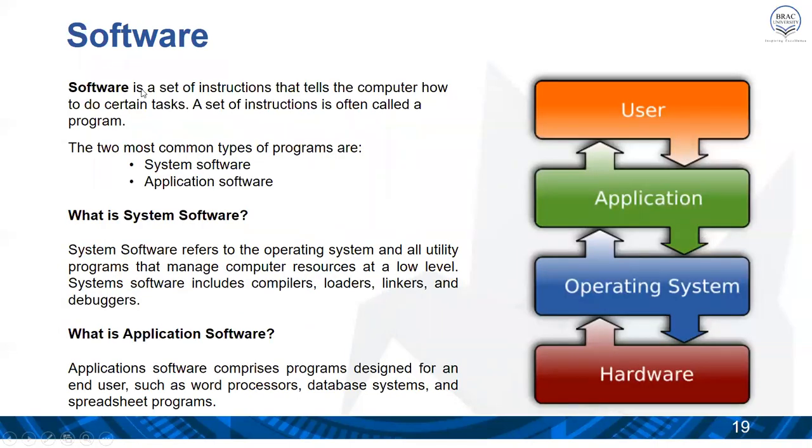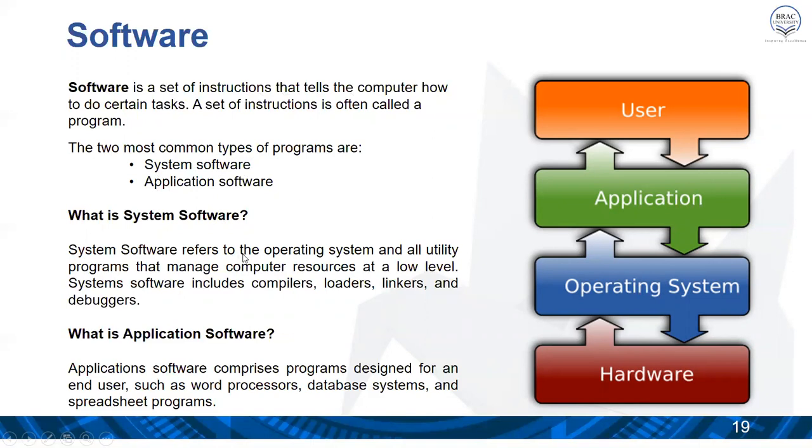Software. What is software? The software is a set of instructions that tells the computer how to perform certain tasks. A set of instructions is known as a program. There are two most common types of programs or software. They are system software and application software. What is system software?